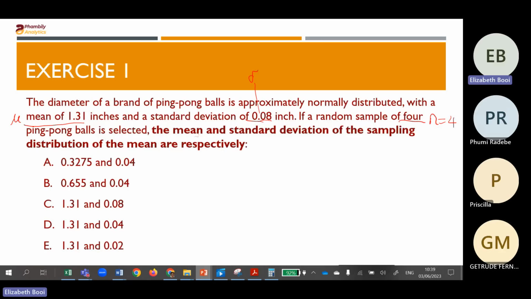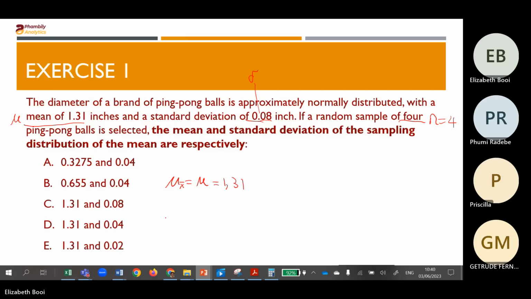And they're asking you to find the mean and the standard deviation of a sampling distribution of the mean. So the first thing you need to know is what is the mean of a sampling distribution of the mean? It is the same as the population mean. And what is the answer? 1.31.